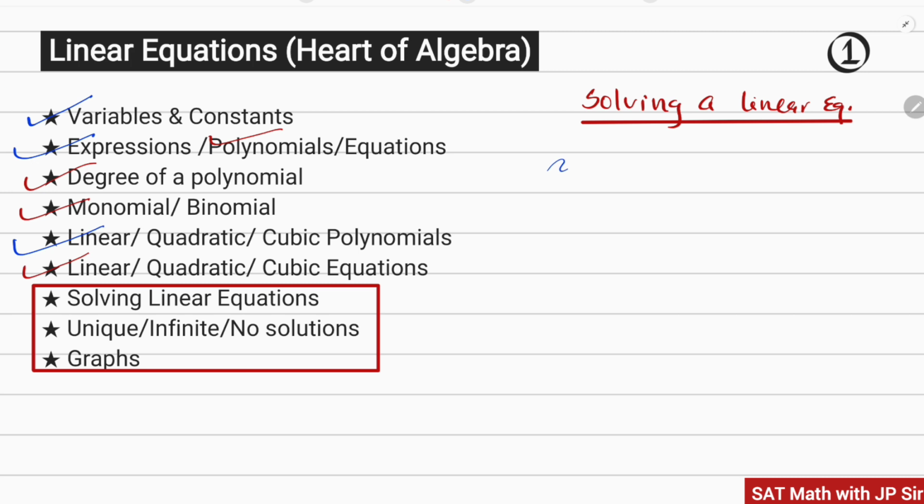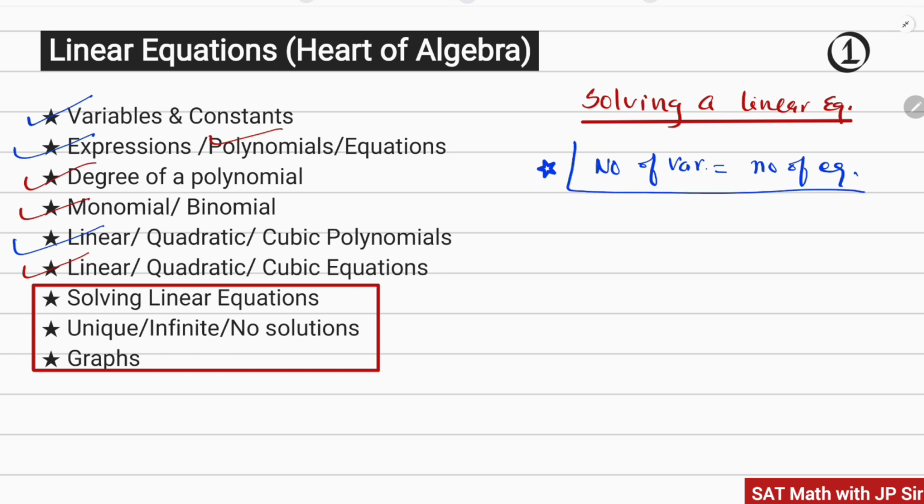You have to keep in mind that in order to solve a linear equation, you need the number of variables equal to the number of equations. Then you can have a distinct unique solution. Unique solution means not more than one solution.